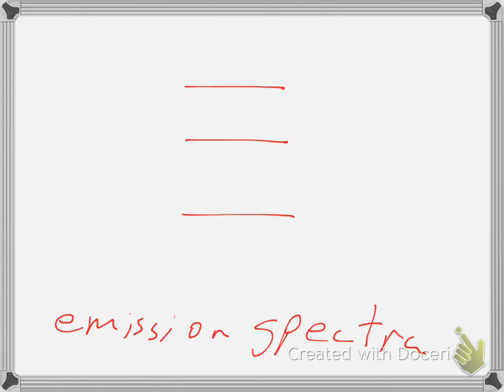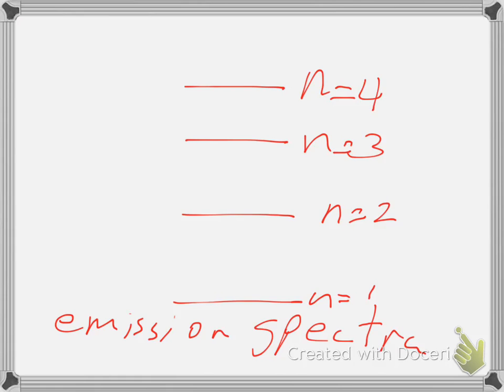In this one, you had n equal 1, n equal 2, n equal 3, and n equal 4, for instance, and n equal 1 is the ground state. If an electron goes up a level and then comes back down, it would emit a little photon of light and frequency of light.